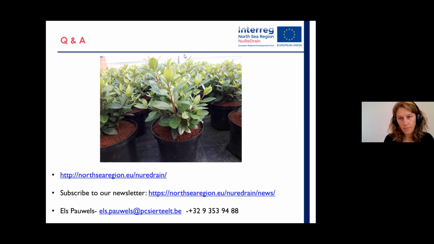Chlorophytum is one of the plants known to support very high pHs, but the maximum it can support is somewhere around 10, not 12 or 14. I don't know any plants grown in Belgium or in the North Sea region that can support very, very low and very, very high pHs.